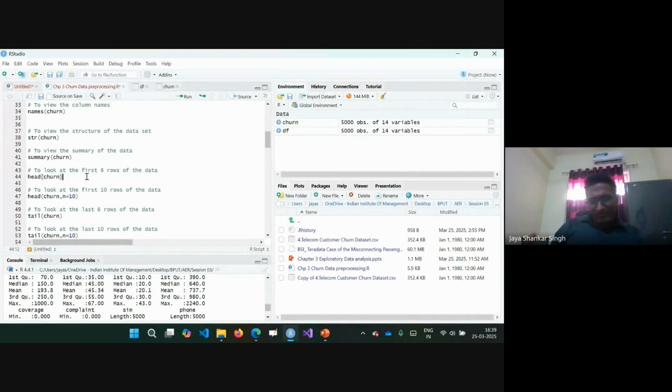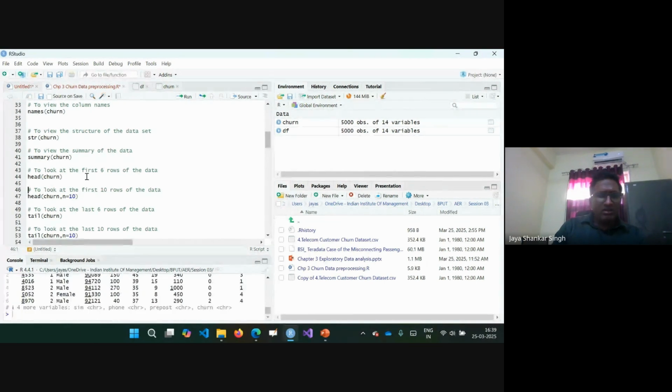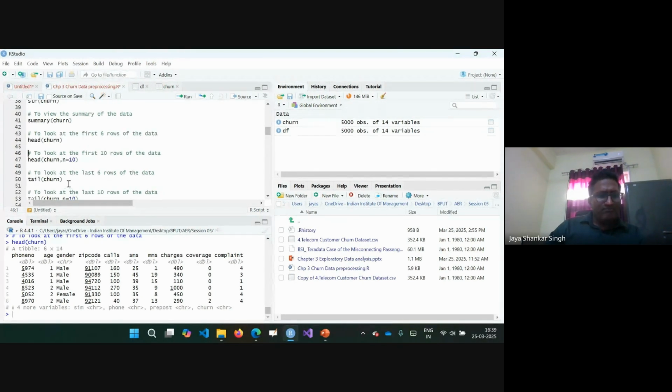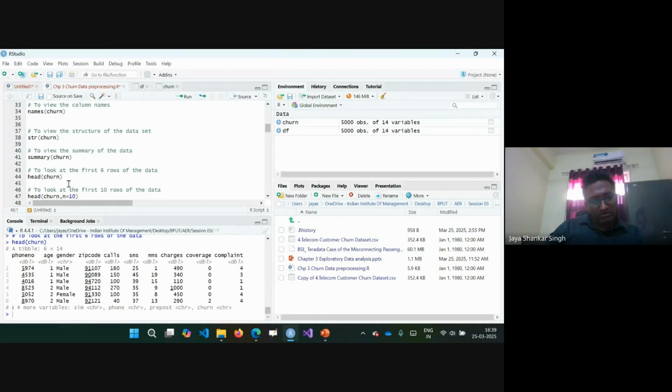Similarly, we'll run the head function. It gives you the top 6 data in this particular file. But if you want more than 6 observations, you can give an argument also.